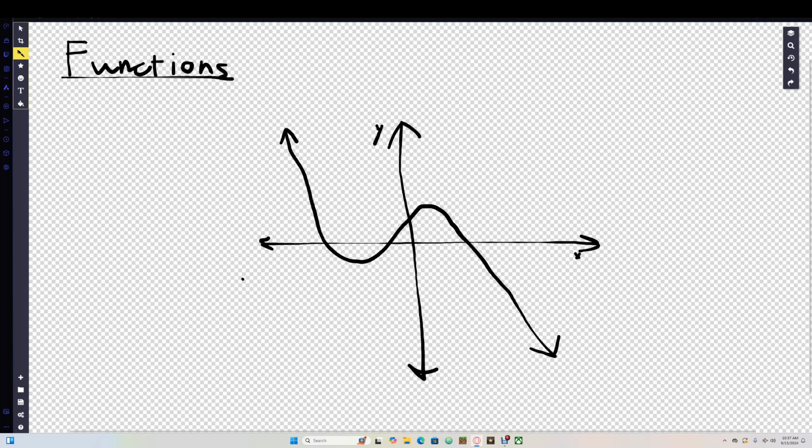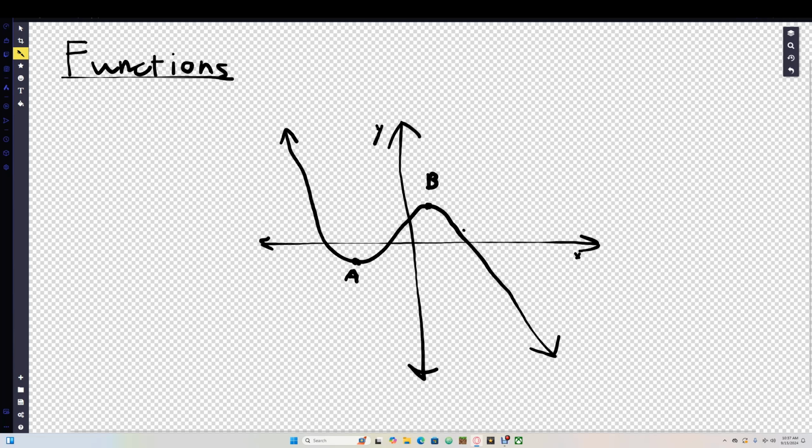So extrema is basically the relative highest or lowest points of a function. So if we were to have two points right here, maybe one here called A, and one here called B, point B. The point A is going to be called the relative minimum because no other points nearby are lower.